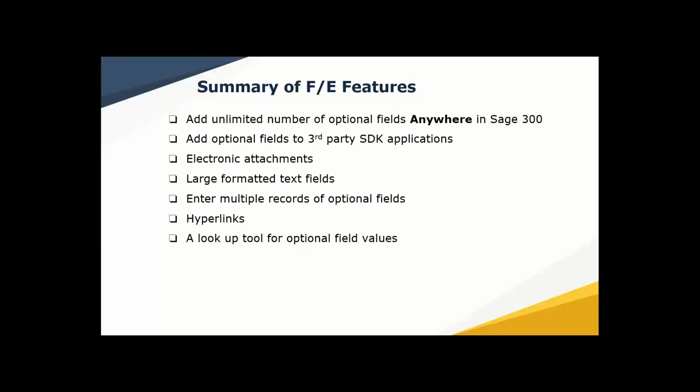Otherwise, when you attach a file, the information is kept in Sage 300 tables, so that when you back up and restore the data on any other PC, or when you do a DB dump and DB load, the optional fields will be transferred together with the other data of Sage 300.